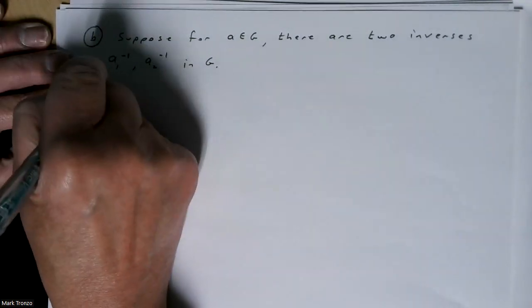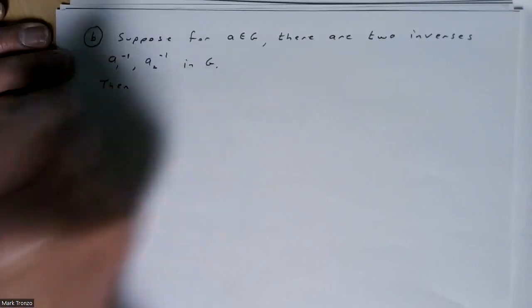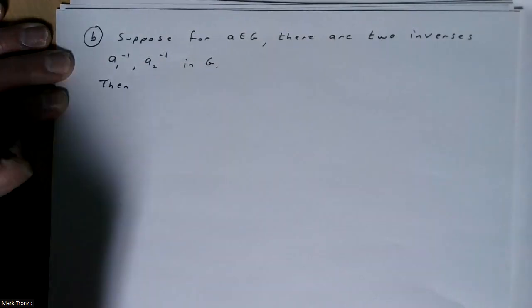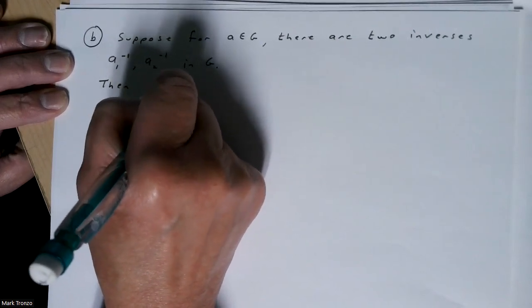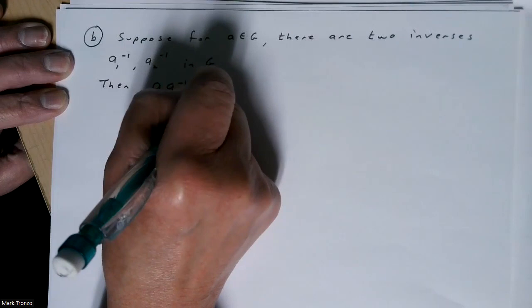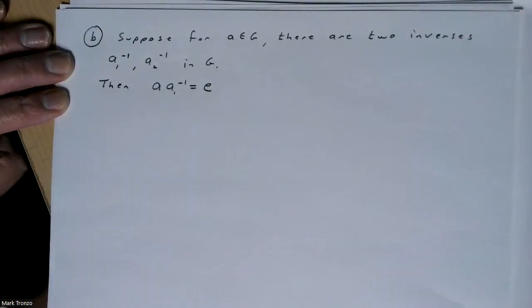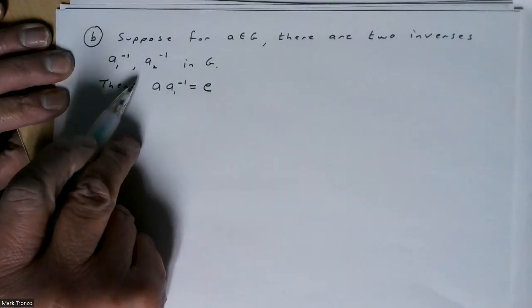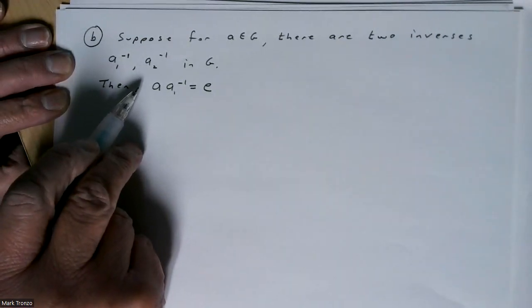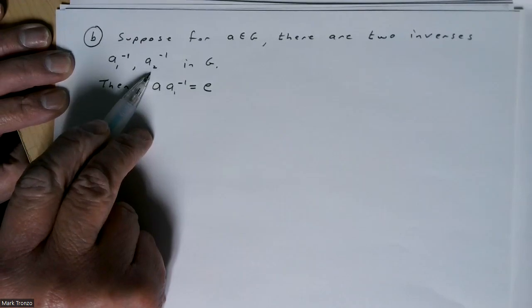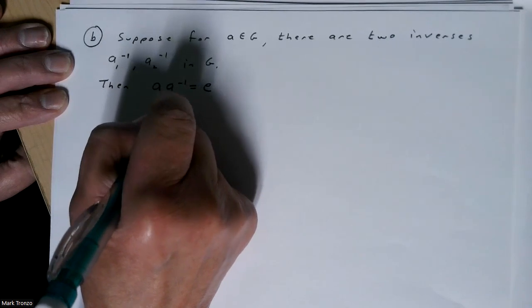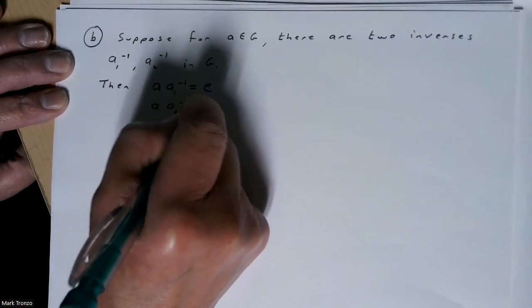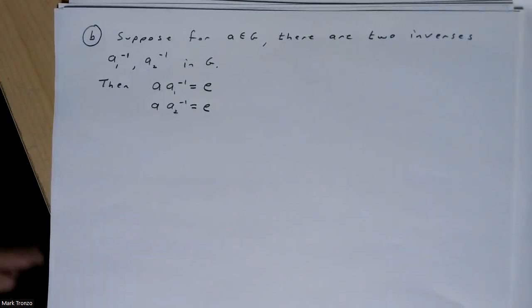And then, similar to the last one, what we're going to have is that A times A1 inverse is going to be equal to the identity, but also we're going to have that A times A2 inverse is equal to the identity.